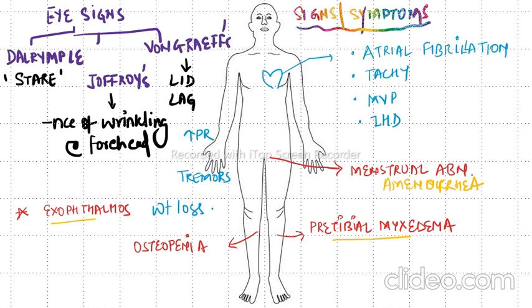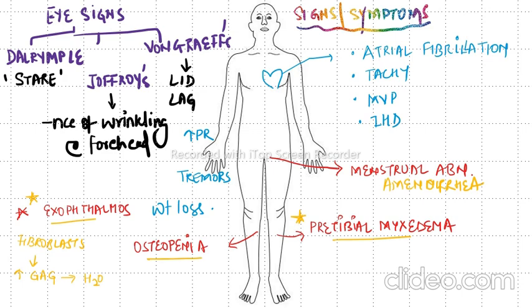Excessive thyroid hormones will stimulate the fibroblasts. The fibroblast cells will produce more glycosaminoglycans, which have a tendency to hold water and which will lead to pretibial myxedema as well as ophthalmopathy called exophthalmos.